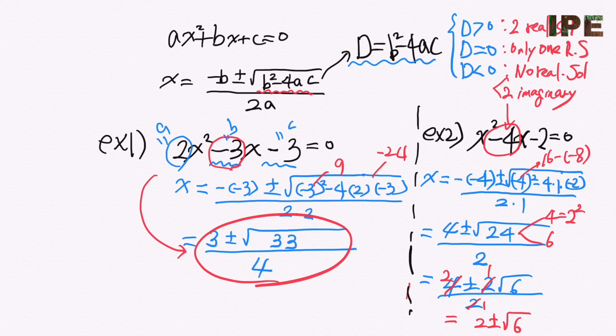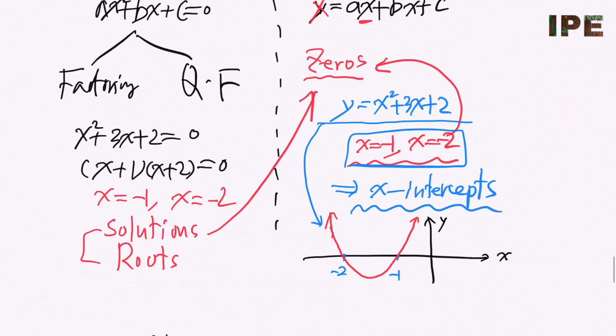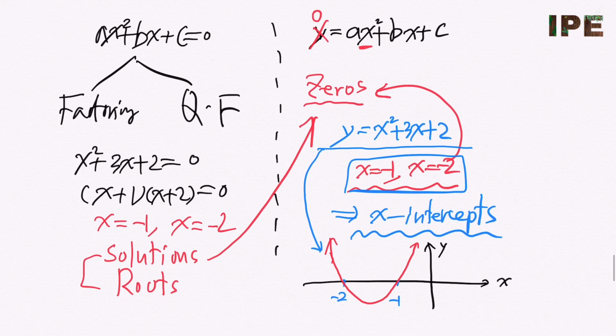It has no real solution. Remember that, and then you have to understand the relationship between a quadratic equation and a quadratic function. Solutions or roots of equations are zeros of the function, and then the zeros of functions are the x-intercepts of the graph. Remember that. That's one of the most important parts.